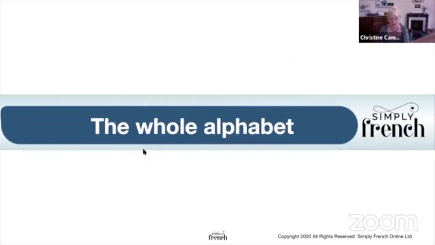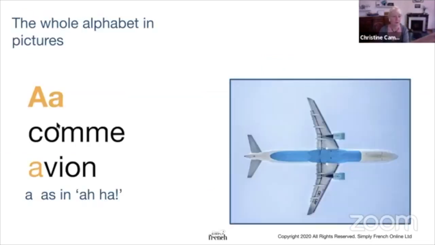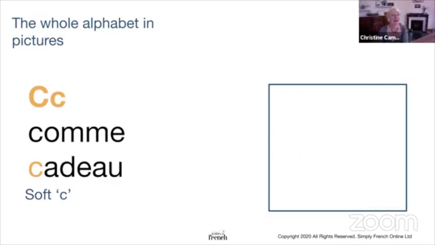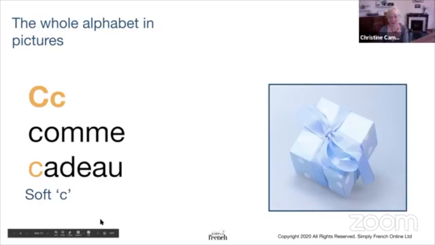Now we're going to do the whole alphabet and look at some ways of remembering them. So here we go. A comme avion. A as in aha. B comme balai. Je balaye. Je balaye tous les jours. Je n'aime pas balayer. C comme cadeau.